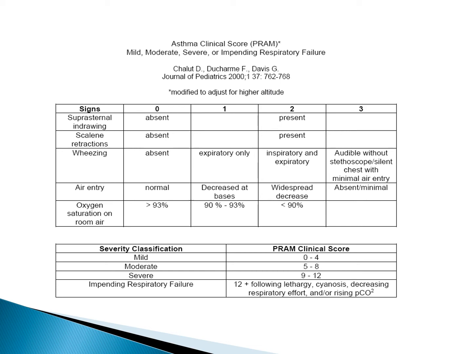And then obviously anything 12 plus, we've got really impending respiratory failure with increasing hypoxia and a rising PCO2. So in the case study we will look at the PRAM score tool, and actually assess a child with asthma.